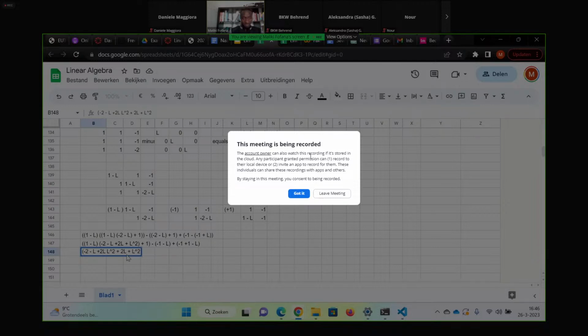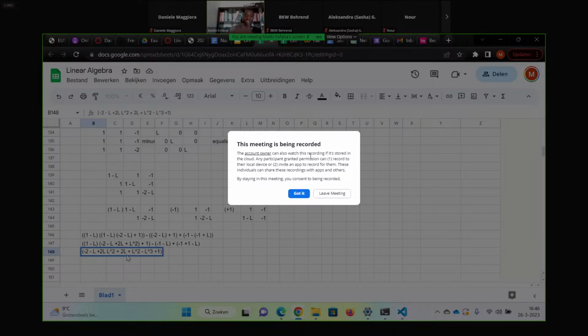And then my minus lambda multiplied by plus lambda square is minus lambda to the power of 3. And now, because I opened the bracket, I can say plus 1 and leave that like that.